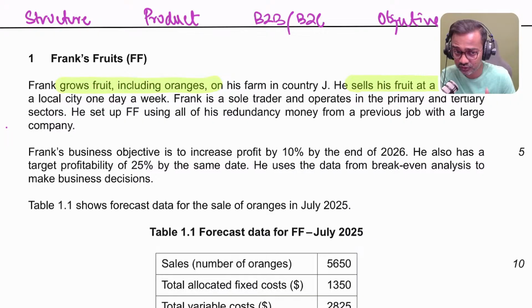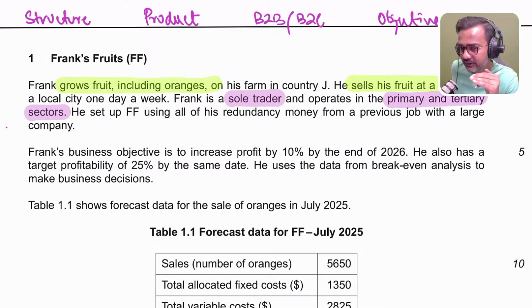So he grows it and also sells it himself, which means that he's in both the primary sector and the tertiary sector, and they highlighted in the case study here that Frank is a sole trader. So we now know his structure as well, and that he operates in both the primary and tertiary sectors.